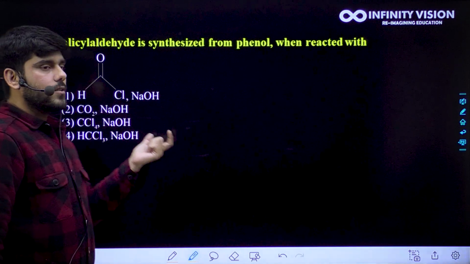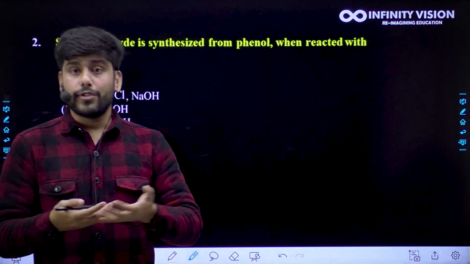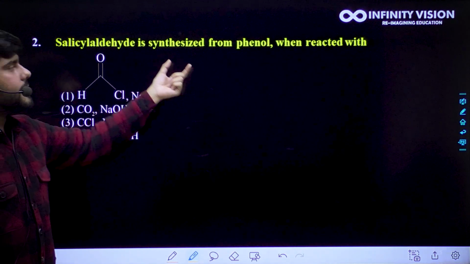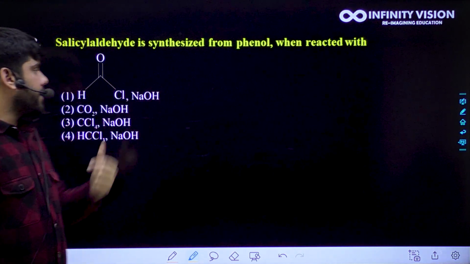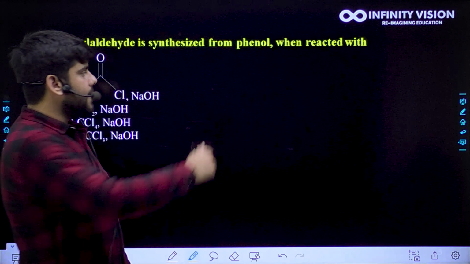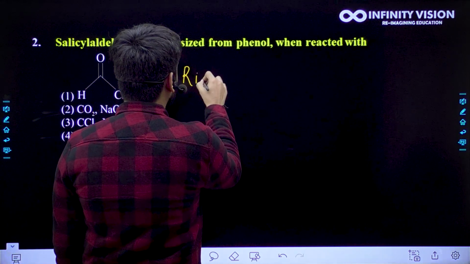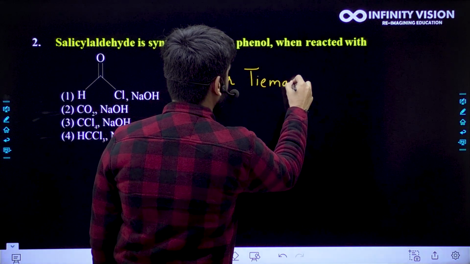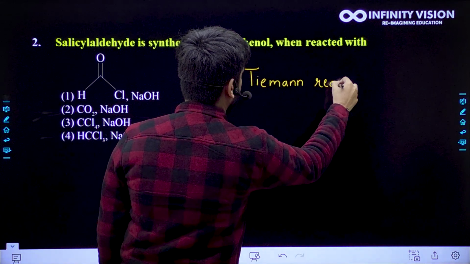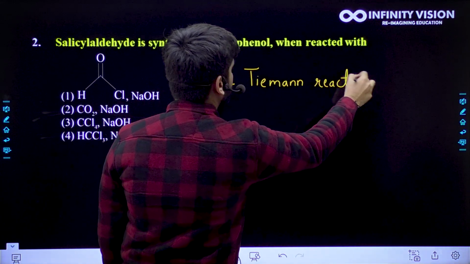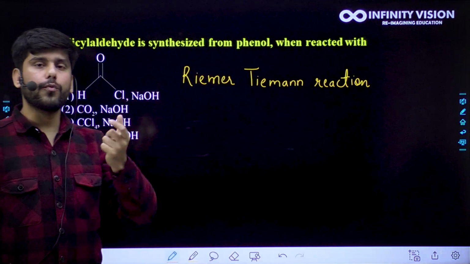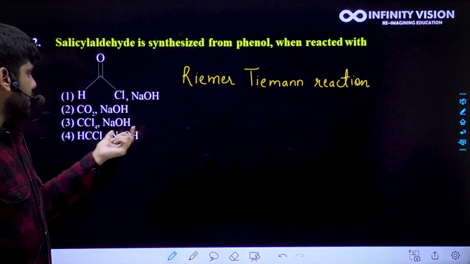Okay, so the next question. We know that it is one of the most important reactions of phenol. Salicylaldehyde is synthesized from phenol when reacted with, like I said, we all are aware of this reaction, that is the Reimer-Tiemann reaction. It is basically the ortho-formylation of phenol, where the CHO group is introduced at the ortho position.